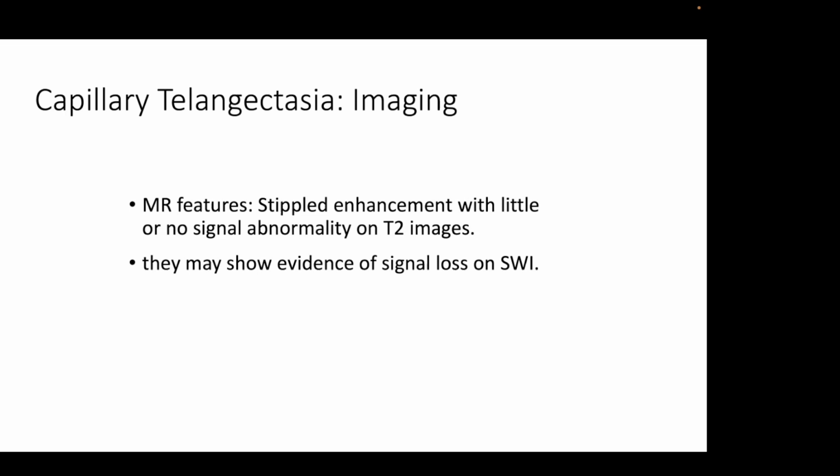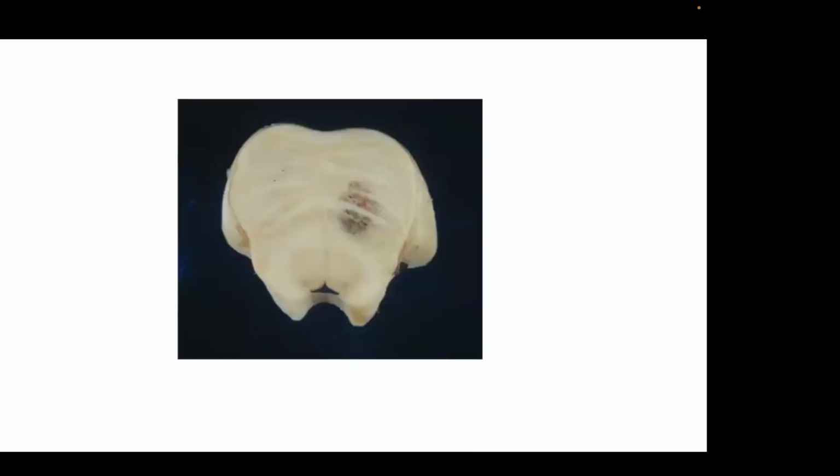But the susceptibility weighted imaging that is now available on many scanners has a higher degree of sensitivity and is actually responding to the deoxyhemoglobin within the capillary telangiectasia. So if you see them on susceptibility weighted imaging and you think it's a capillary telangiectasia, do not read them as cavernomas on the basis of that visibility on susceptibility weighted imaging.